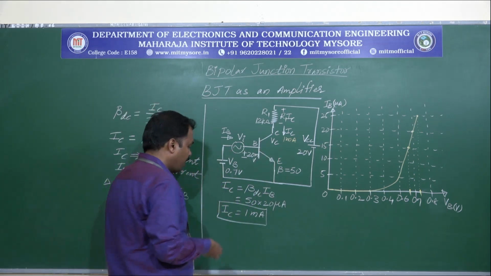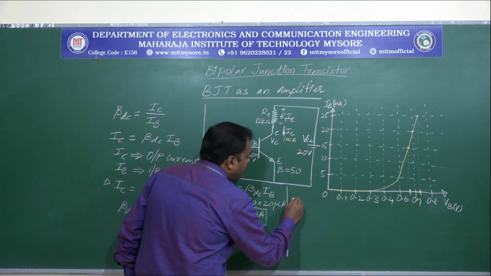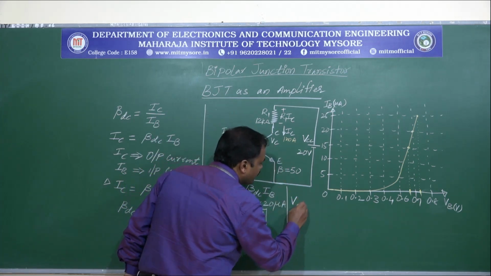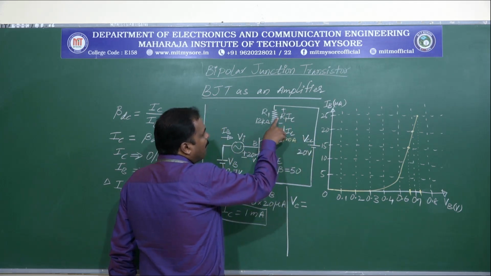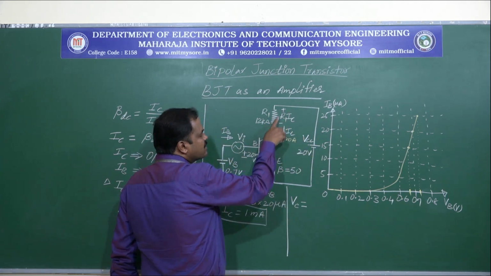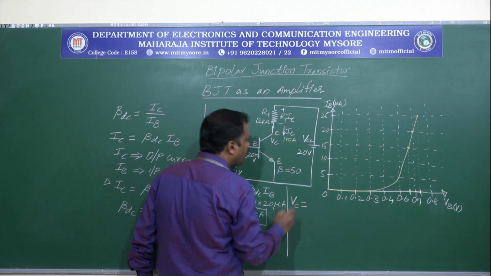Now by applying KVL, we can write VC is equal to the supply VCC minus the drop across this resistance, that is R1 into IC.